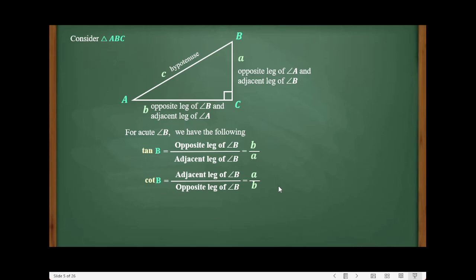So these are the definitions of the tangent and the cotangent of angle B. With this, we now proceed to the next slide for some illustrative examples.